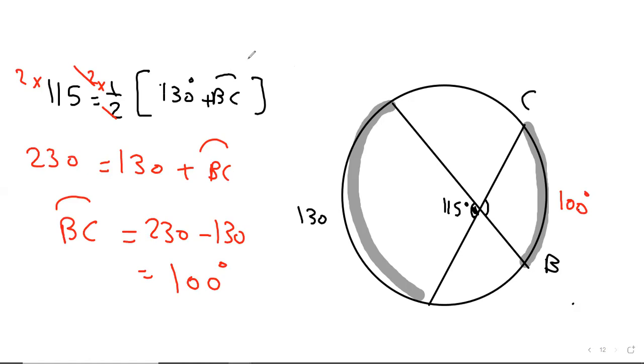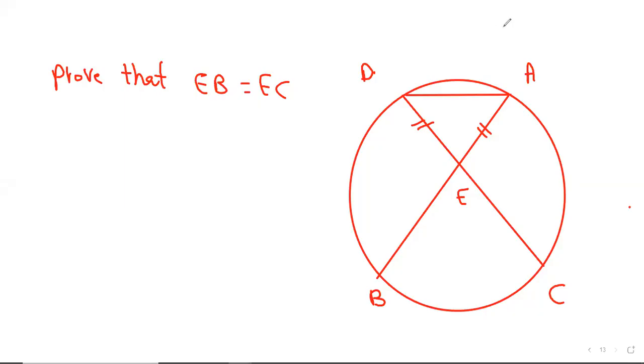Let's go to the next one. Here in this example, we have AB intersection CD equals E and EA equals ED. Prove that EB equals AC. So how can we prove that EB equals AC?